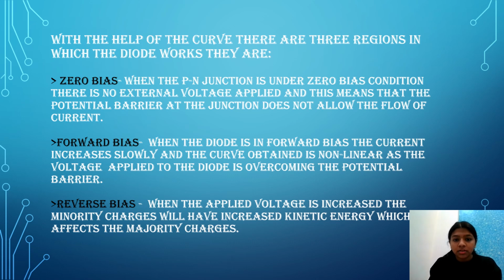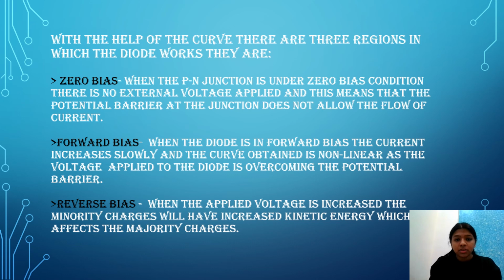When the diode is in forward bias, the current increases slowly and the curve obtained is non-linear, as the voltage applied to the diode is overcoming the potential barrier. Once the potential barrier is overcome, the diode behaves normally and the curve rises sharply as the external voltage increases, and the curve obtained is linear.